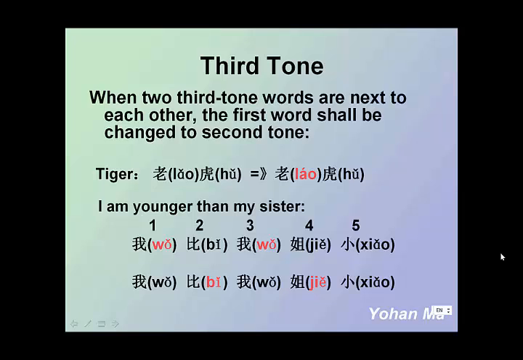The same rule applies to the first line. So, instead of 我比我姐小, the last line should be 我比我姐小.